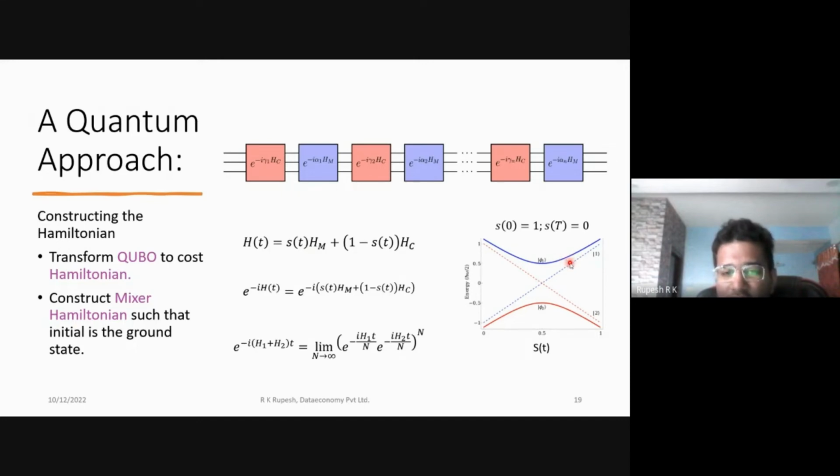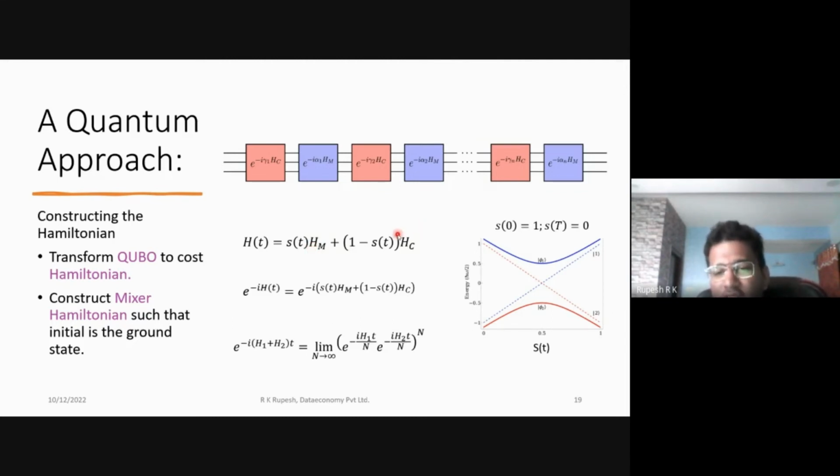We make a small delta t movement, wait for it to equilibrate, and then move another delta t. We do that very slowly, and after a sufficient time, we find that we have successfully moved on to H_C, and in the process, we have perturbed the initial ground state, the ground state of the mixer Hamiltonian, into the ground state of the cost Hamiltonian.